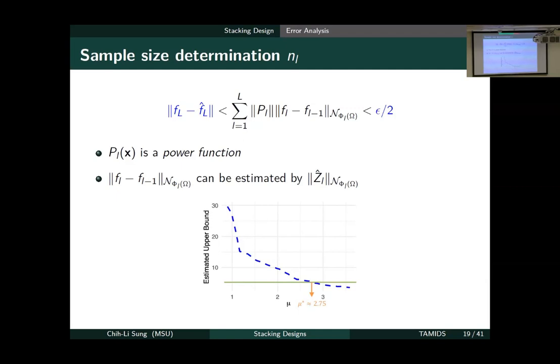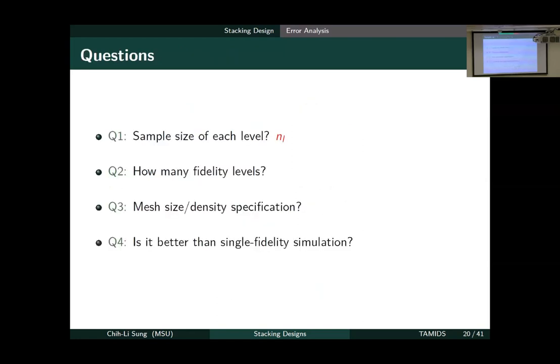I skip many details here, but I just want you to know that we can determine this mu star by making this smaller than half of epsilon. Okay, so this is how we control the emulation errors and how we determine these optimal sample sizes for each fidelity level. So let's move on to the second question.